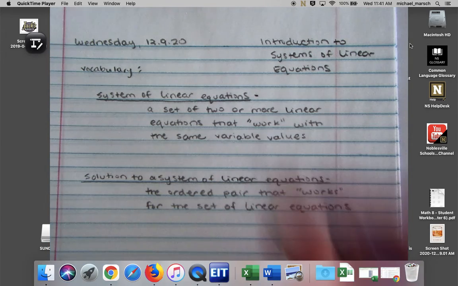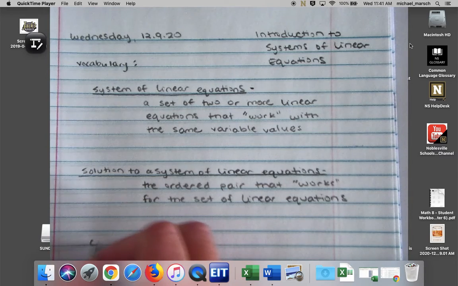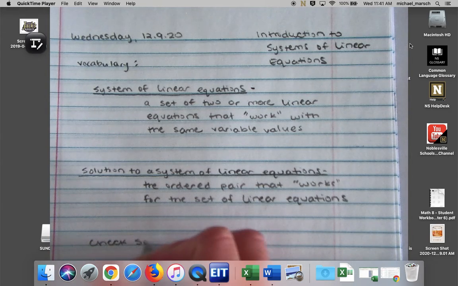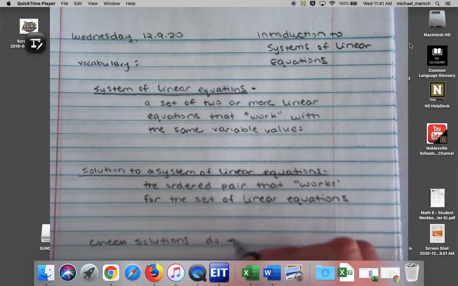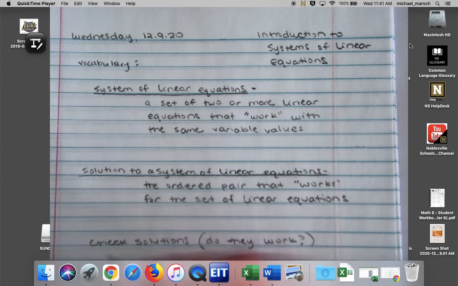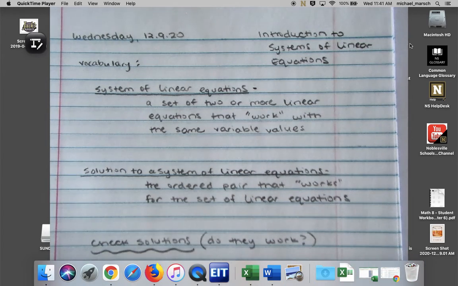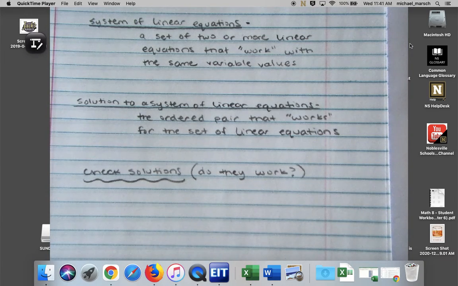Okay, so let's break this down into the most simple way. We're going to check solutions, right? We're going to ask ourselves, do they work? I'm going to give you two linear equations and an ordered pair, and we have to determine if that ordered pair works for both equations.